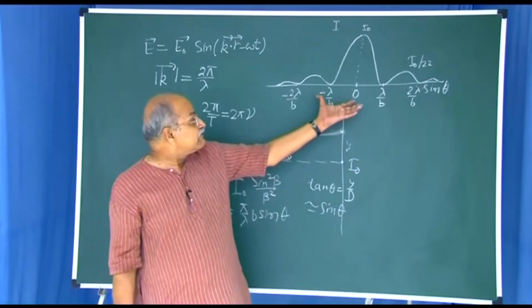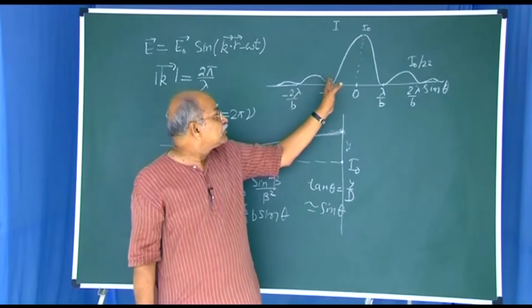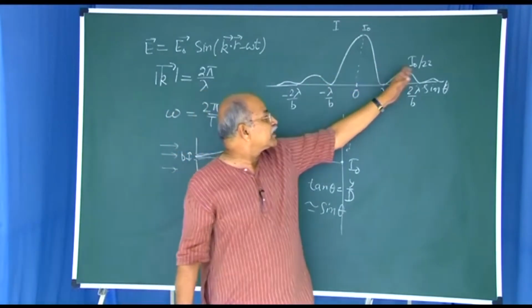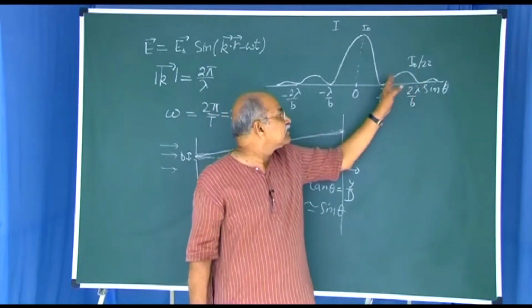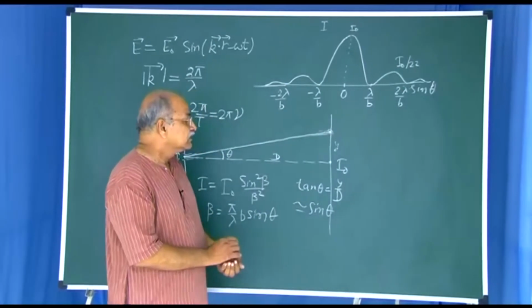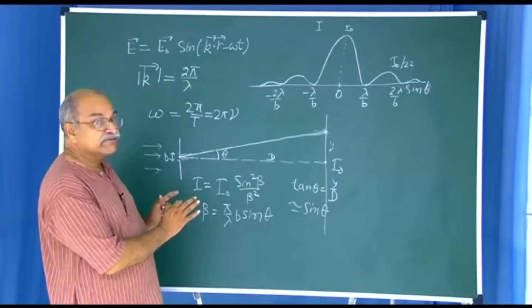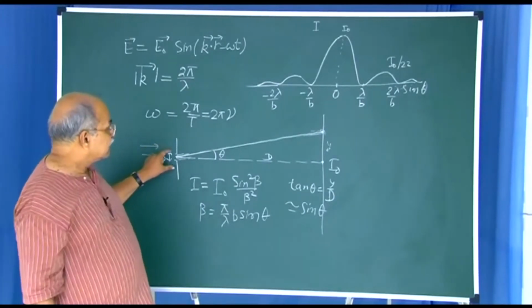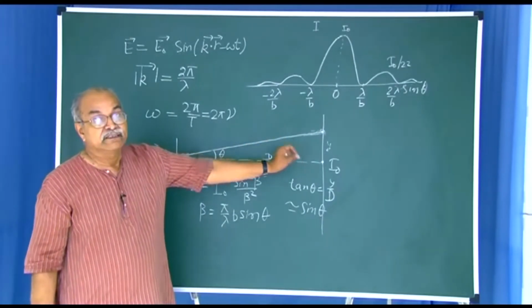The central bright will have a width, minimum to minimum, of 2 lambda by b, but the other brights will have a width of lambda by b only. So, this is what you should expect from a single slit if you pass light through a single slit and collect it on the other side.